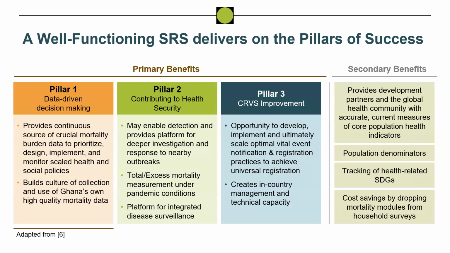And above all of this, it should be able to provide our partners and other global stakeholders accurate, current measures of the core population indicators. So giving partners the needed indicator data to measure their program performance and impacts, as well as providing the country with the right denominators, helping us to track our SDG-related indicators as a country.